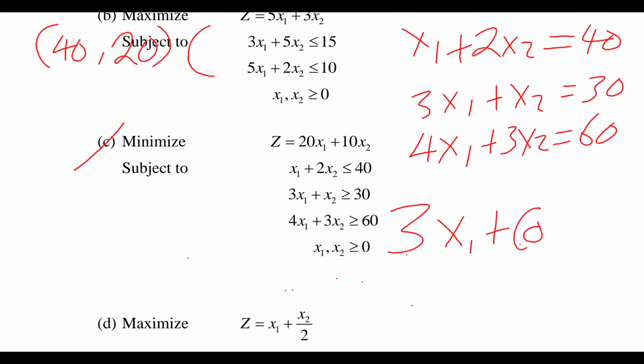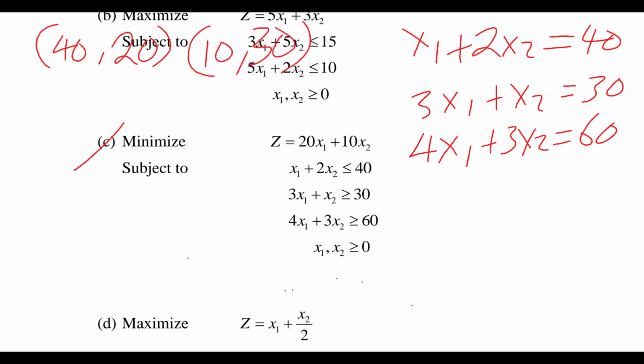3x1 plus x2 times 0 equals 30. So you divide through by 3 so that x1 is equal to what? 10, right? What will be the value of x2? 30, right? Yes, 30. For the last equation, 4x1 plus 3 times 0 equal to 60.